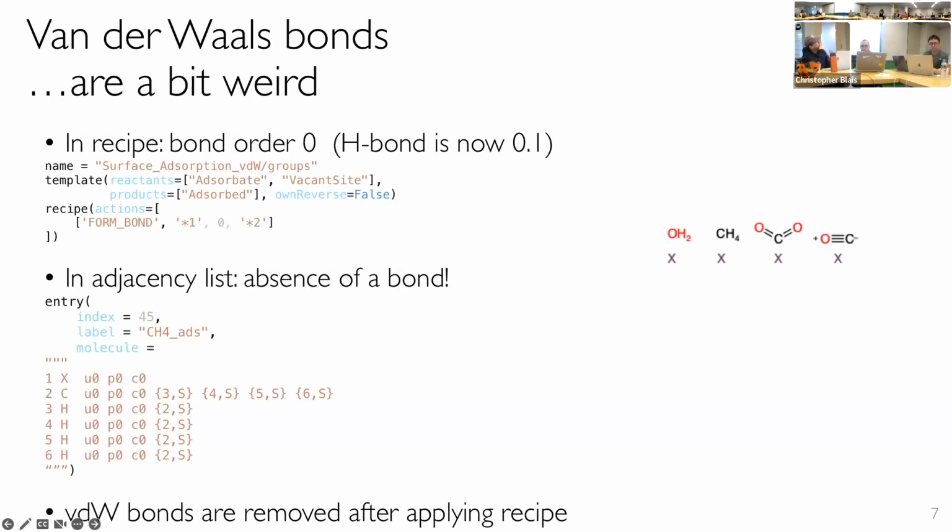There are a number of species in catalytic mechanisms that are weakly adsorbed. I think it's usually under 100 kilojoules per mole for the binding energy or something like that. They're kind of like a two-dimensional gas on the surface.